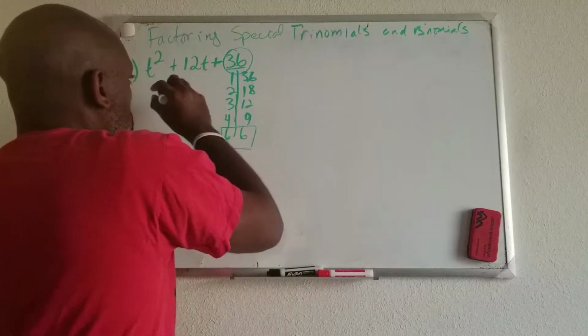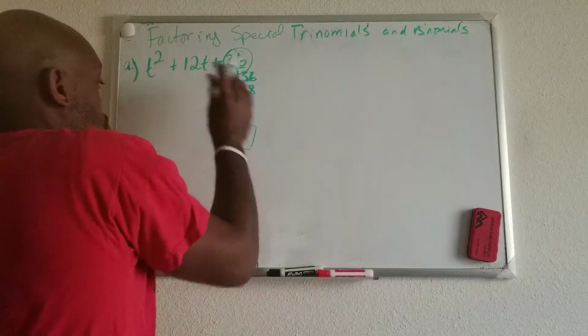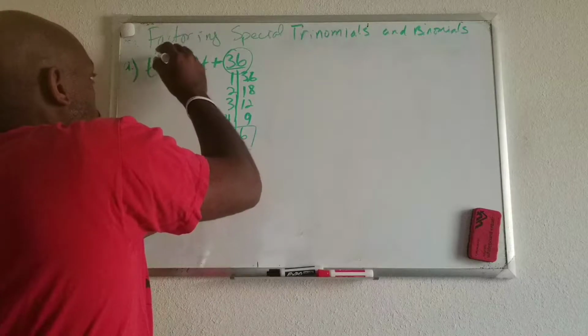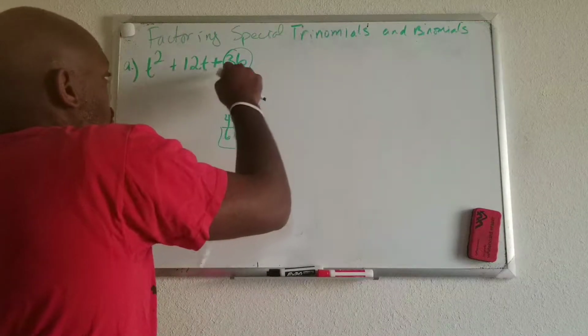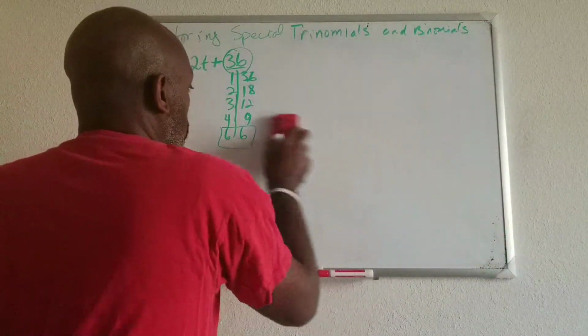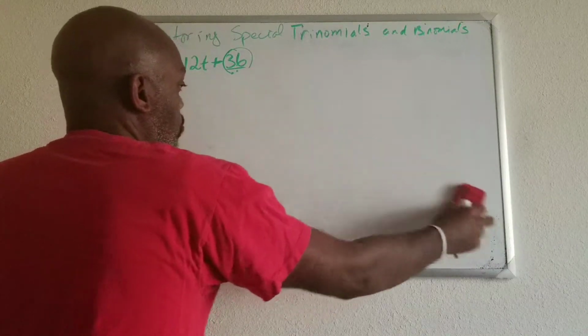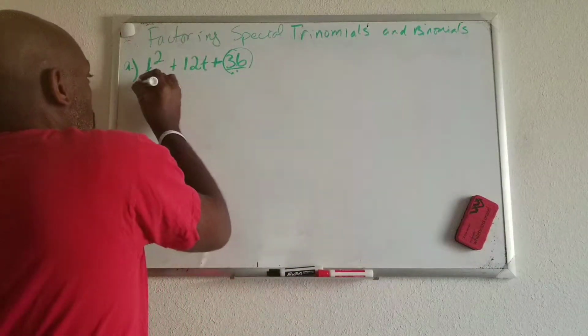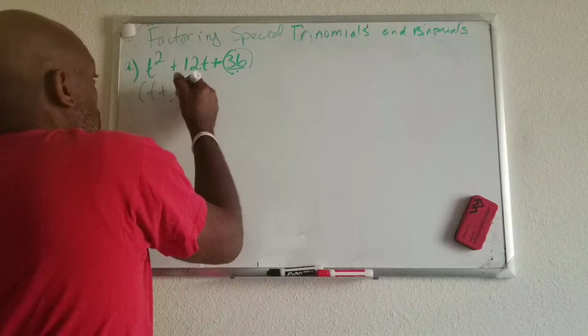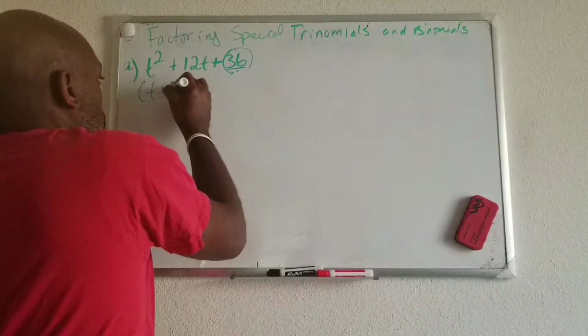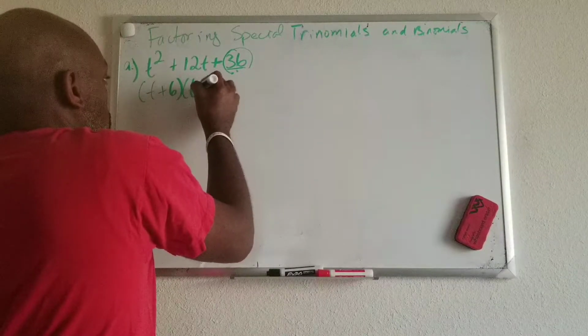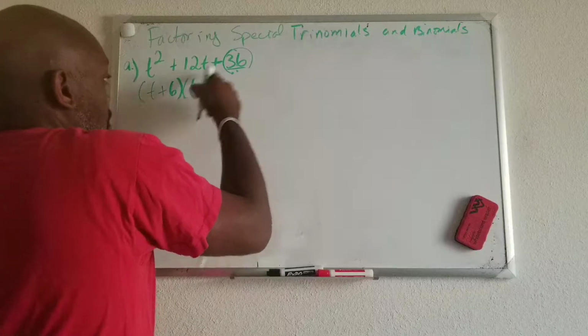But a shortcut is, because we know that this first term is squared, because it's t to the second, and we know that the last term, if we know our square roots, is squared, we can say, okay, t, and this middle term is plus: t plus 6 times t plus 6. We're saying that's going to be their answer.